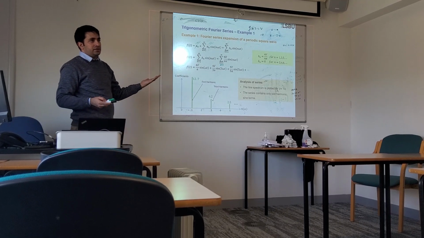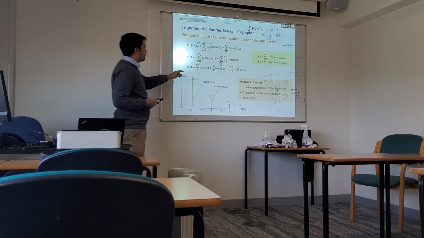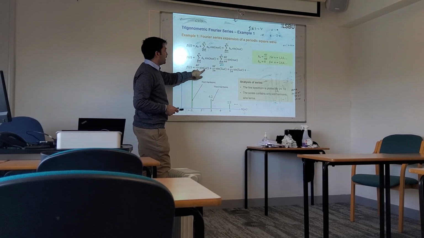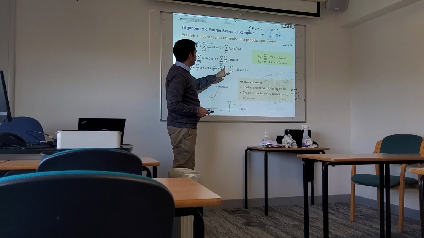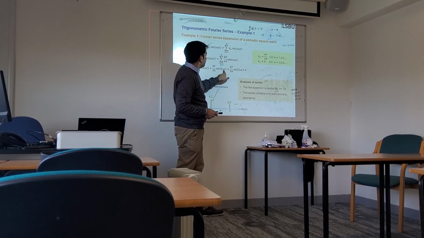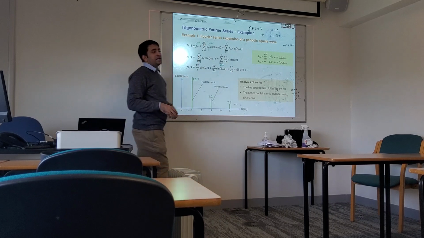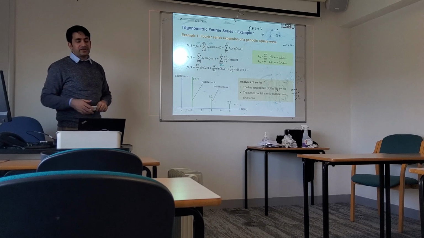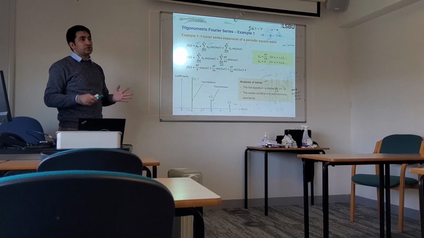Now you have a general equation, so you can put n equals to 1, so you will have 4V by pi sine of omega t. When you put n equals to 3, here it would be 3, 4V by 3 pi, and here it would be 3, then 5. So now you can represent this signal with infinite sines, and later on you will see that it somehow will show the actual signal.